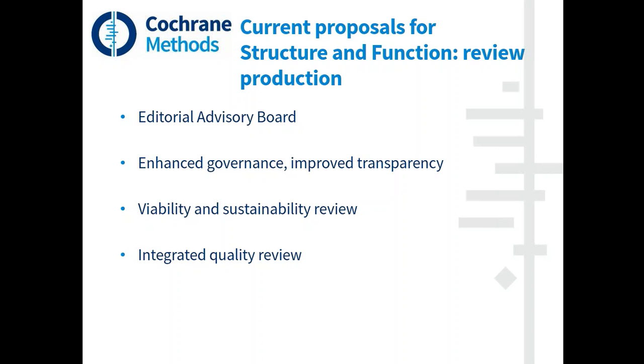And the fourth part of the structure and function review is the integrated quality review, which we talked about extensively in April, and that relates to measures aimed at improving review quality and also review speed to production. And that includes different editorial processes and so on.